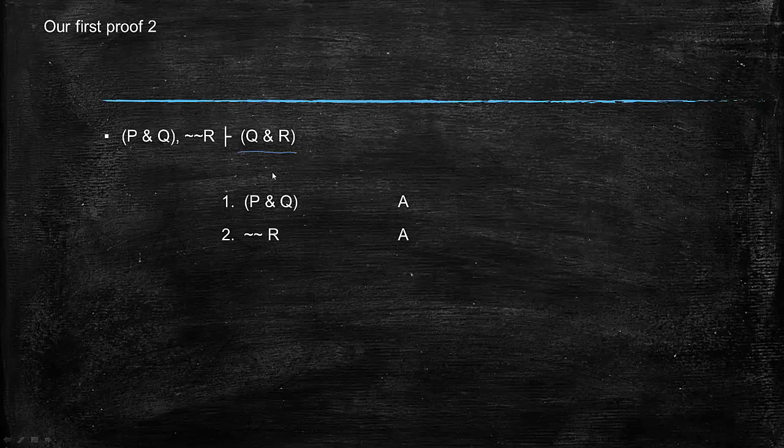And also, I've got an assumption P and Q, which by one of my rules would give me Q, right? So if I had Q on a line and I had R on a line, then I could put those together by still another rule, and introduction, and I would have my conclusion.